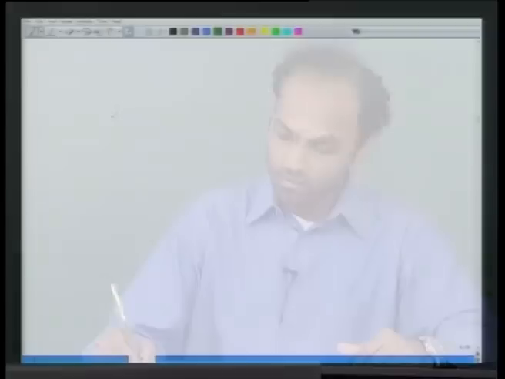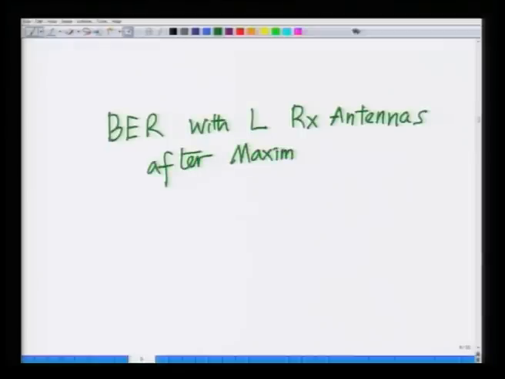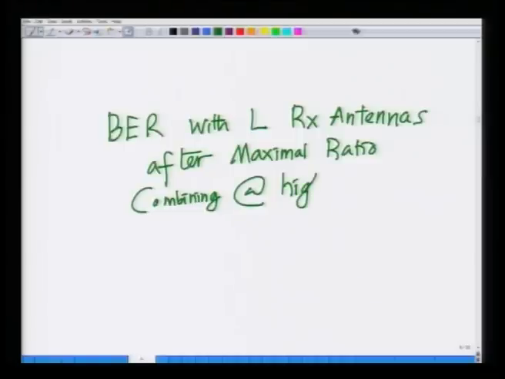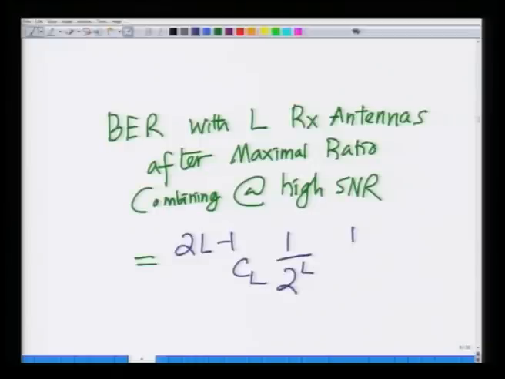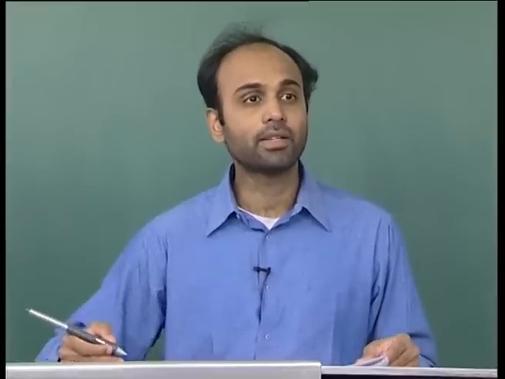So, let me just rewrite that here clearly: bit error rate with L receive antennas after maximal ratio combining at high SNR is equal to 2L minus 1 choose L, 1 over 2 power L, 1 over SNR power L. This is the expression for bit error rate with L receive antennas after maximal ratio combining, and of course, you have to remember that it is a high SNR approximation.